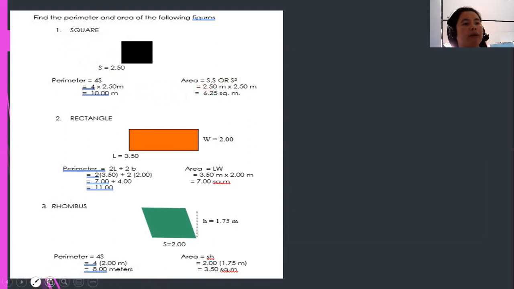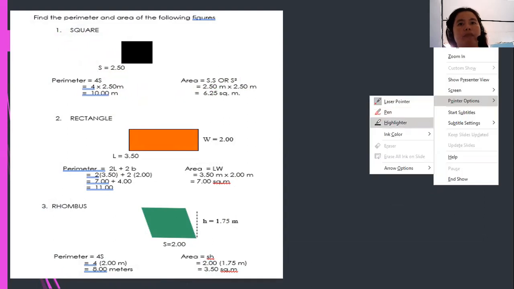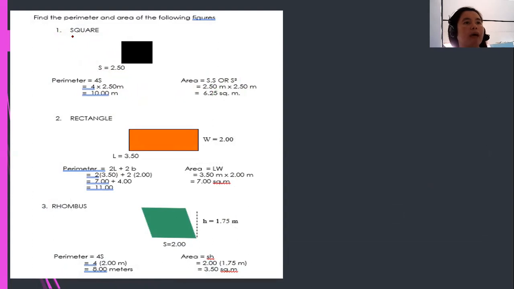So for the square, perimeter is equal to 4s, where 4 is the 4 sides of the square and s is the side.